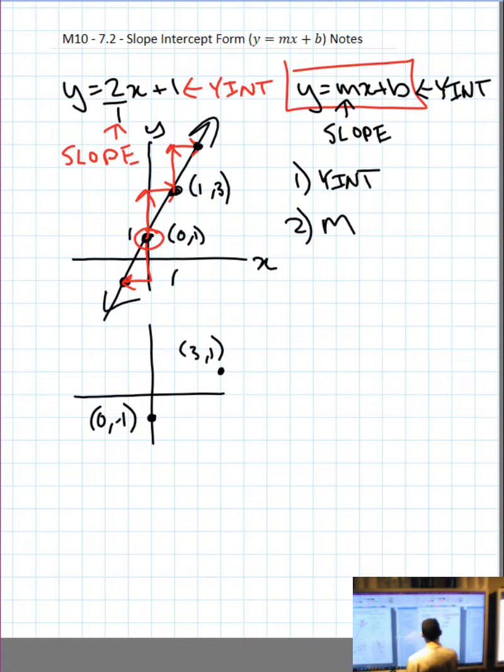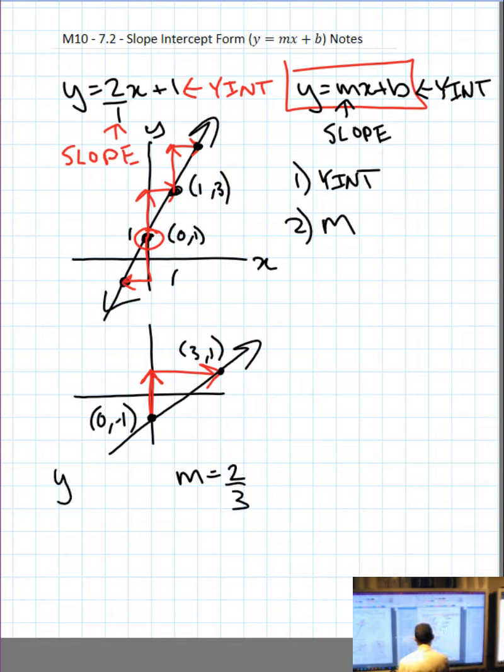So we know we're rising this and running that. And we know that earlier we learned that if we're up to the right, the slope is positive, so that better happen. And we could use the slope formula from last chapter, but we'd rather just count. So we have a slope, m equals up 2 over 3.